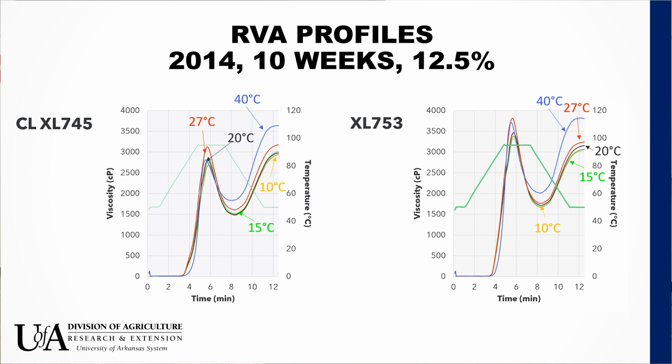Now, if you look at these profiles of rice that are stored for 10 weeks, and again, this is for low moisture content rice, we see variation in profiles based off of temperatures, which tells us that there's a very, very significant correlation between storage temperatures and the viscosity characteristics of rice.